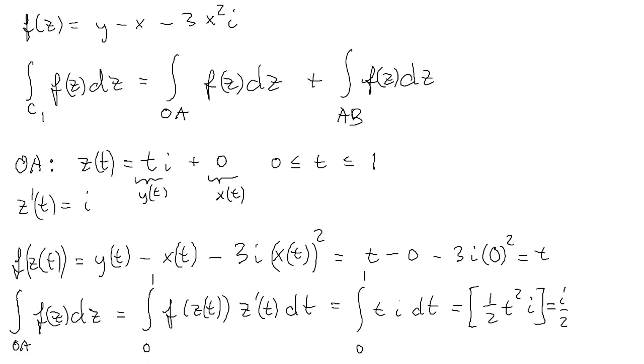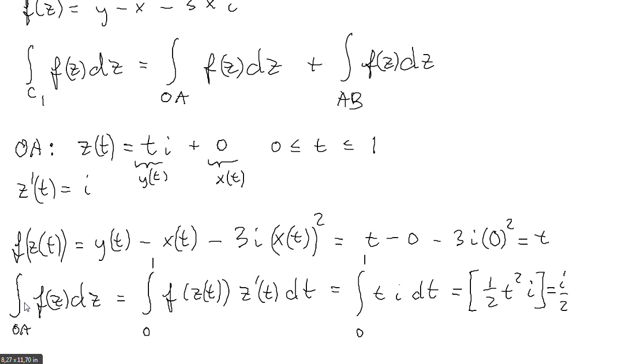Now we recall that the integral over the curve from O to A is given by this general expression. In this case we start with t equal to 0, and end with t equal to 1, because that's our choice. And we have f of z of t.